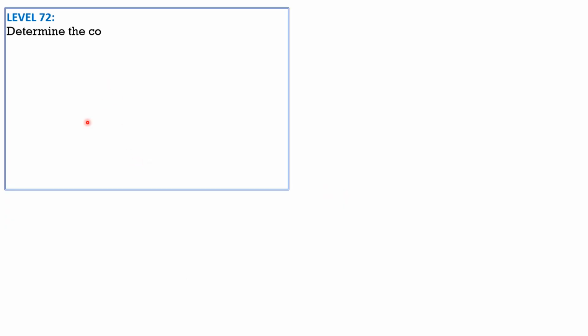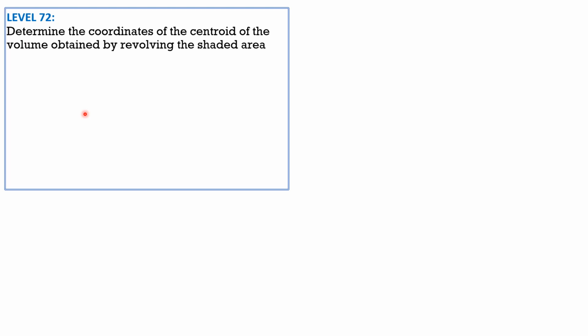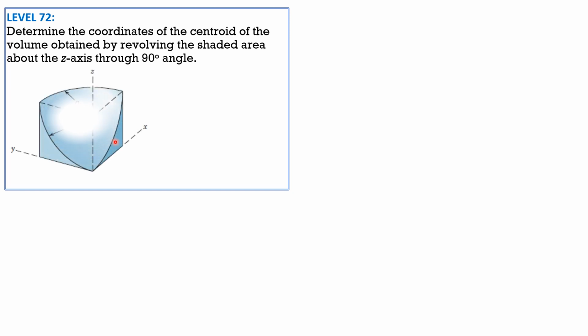Level 72, determine the coordinates of the centroid of the volume obtained by revolving the shaded area about the z-axis through 90-degree angle. So here's the figure, and if we consider a vertical strip, distance x, then this is also x because this is circular. So this strip here generates a surface area, and it appears as an arc if you look at it from the top.